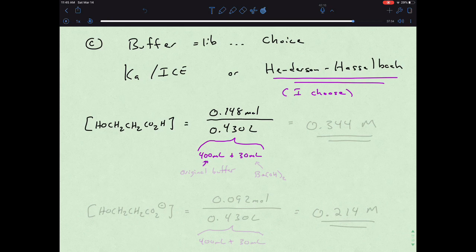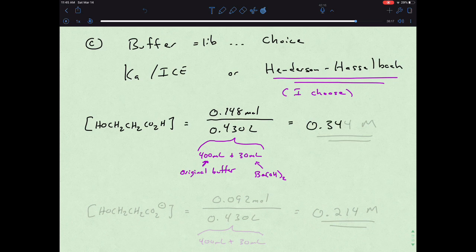So here was the original buffer in terms of our 400 milliliters, and then here is our barium hydroxide that we just added to that. So we have to change that volume, right, because that's changing the concentration.